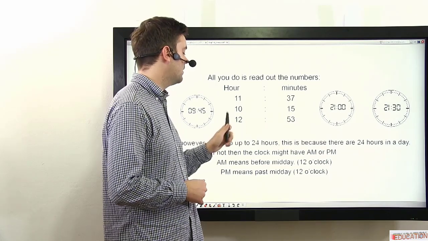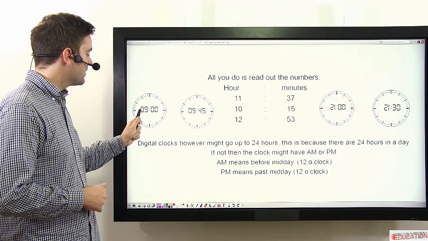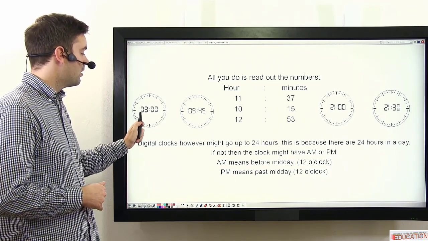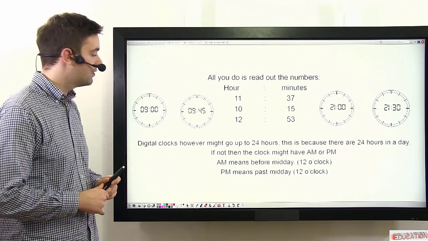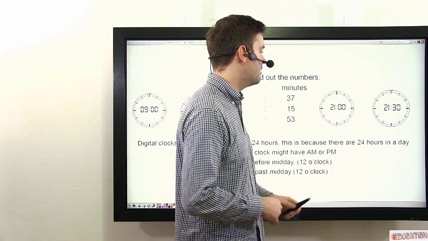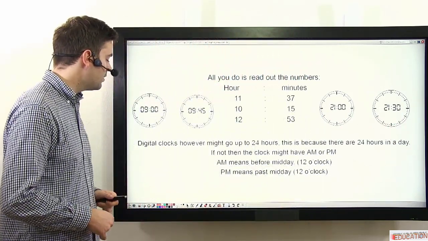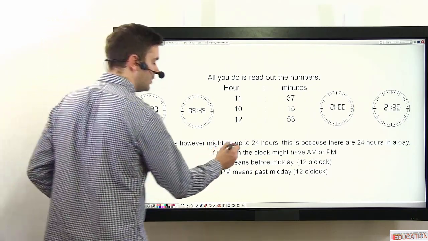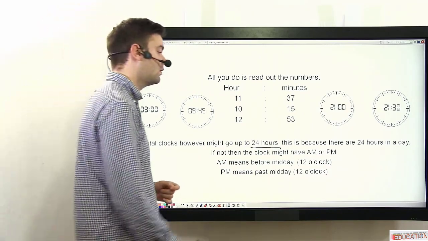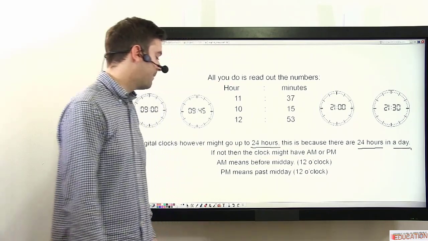11:37, 10:15, 12:53. Here we can say 9 o'clock or 900 hours. 9:45, 2100 hours, 21:30. Digital clocks, however, might go up to 24 hours. This is because there are 24 hours in a day.